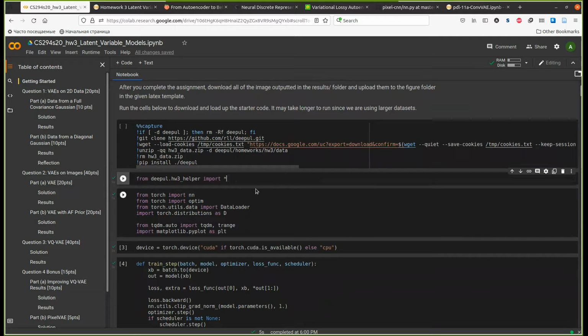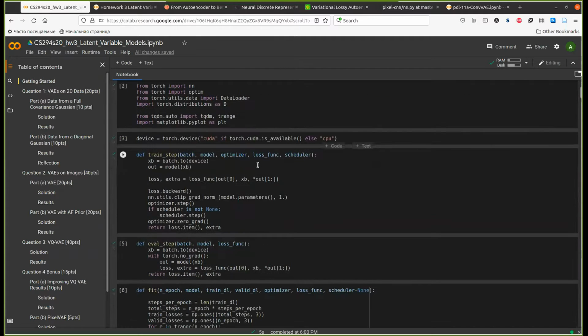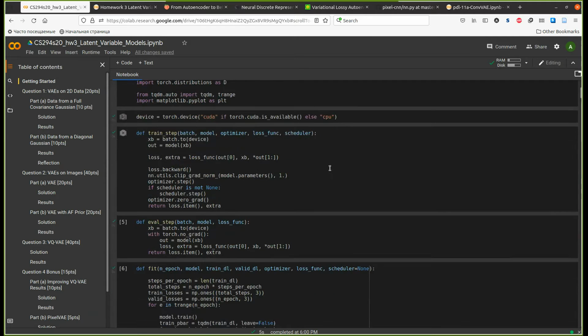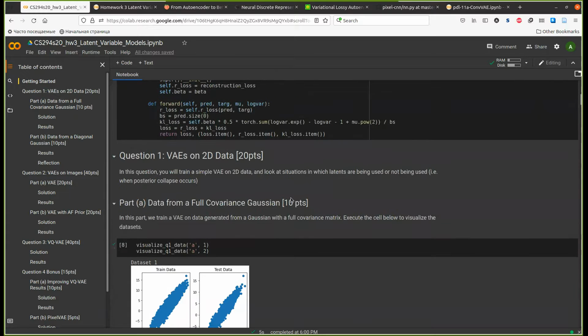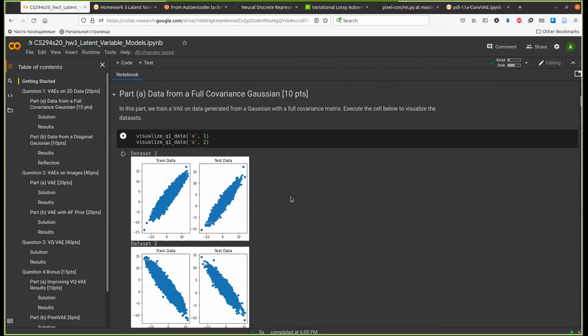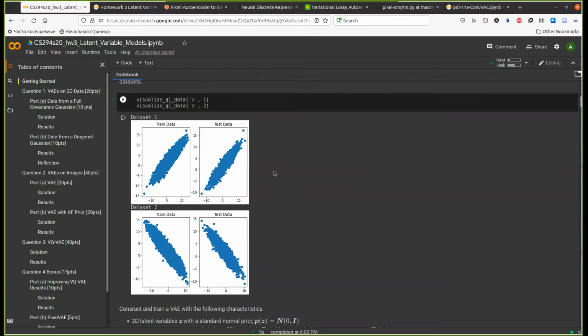If you looked through the various modifications of variational autoencoder, you saw that there are tons of those. But here we start with a simple experiment. So the task is the following.